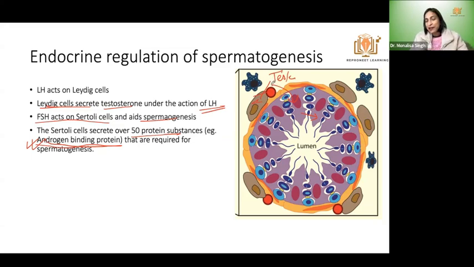Will giving testosterone help? It will not help, because what needs to happen in the body is that the seminiferous tubules have to concentrate the testosterone. So what kind of testosterone is required for spermatogenesis? Testicular testosterone. Who concentrates the testicular testosterone? Androgen binding protein. So when you give exogenous testosterone, it does not improve the fertility of the male.